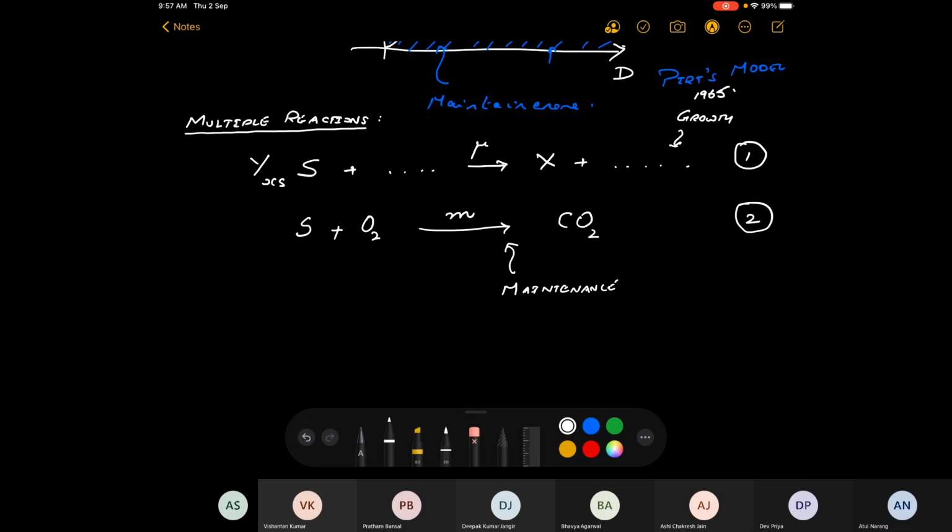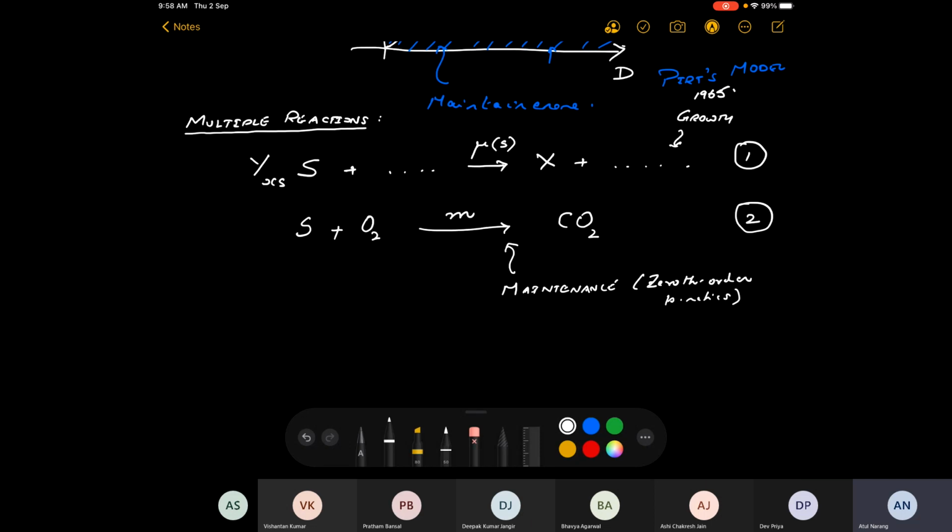Now, growth is assumed to follow the original kinetics, whatever Monod proposed. But maintenance is assumed to follow zeroth order kinetics, which means that it is always happening at a fixed rate m. And notice that the units are a little bit weird. m is describing the rate at which substrate is being consumed.